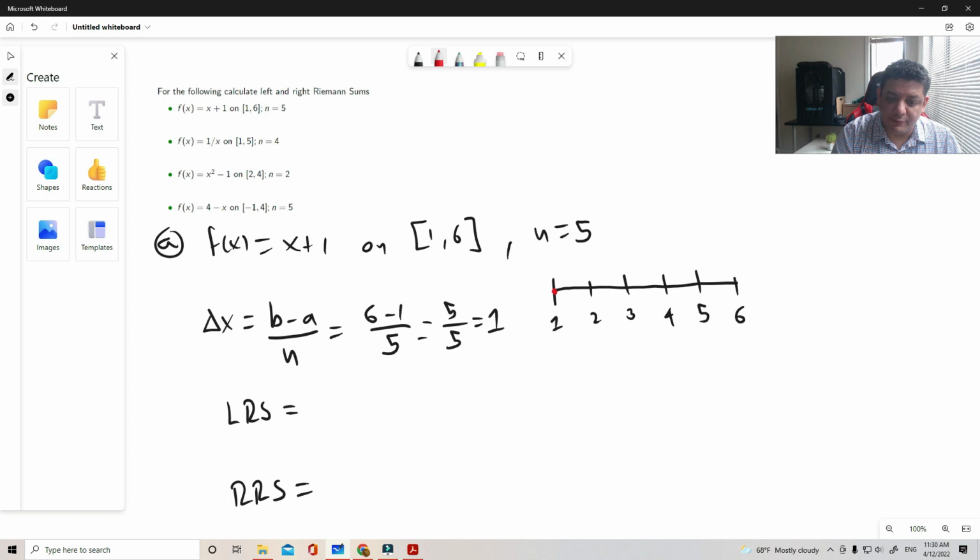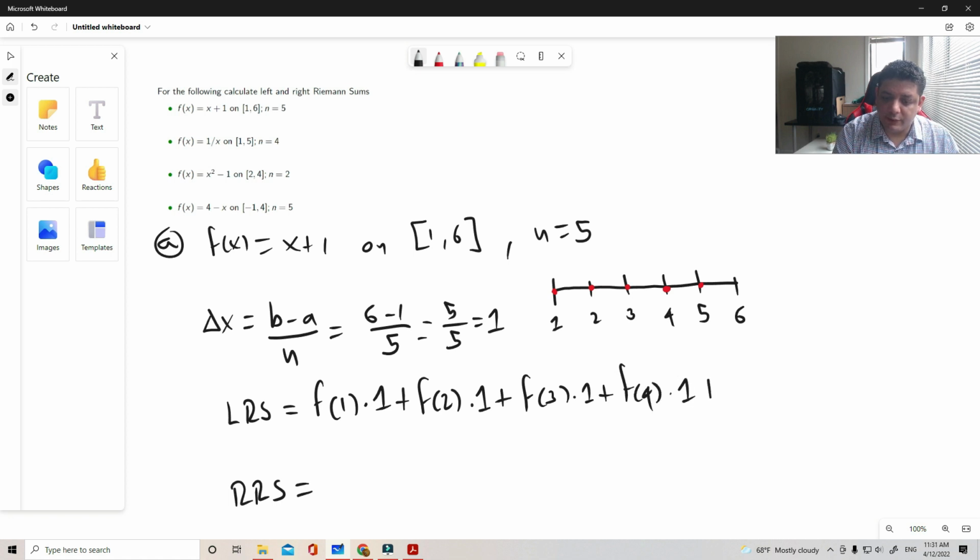In the left Riemann sum, we're going to use 1, 2, 3, 4, and 5 to give the height of the intervals. And notice that I'm not even graphing the function, but I can know what intervals I'm going to use. And so with that into account, I can say, well, I'm going to do f of 1 times 1 from the delta x, plus f of 2 times 1, f of 3 times 1, f of 4 times 1, and f of 5.